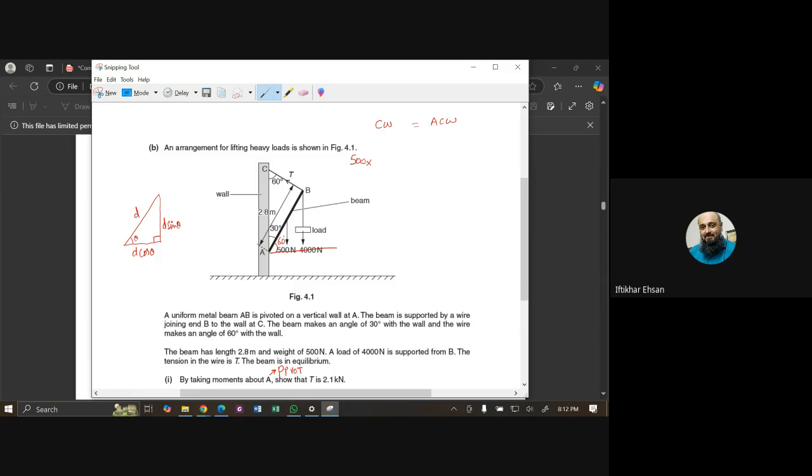It means if the total length is 2.8 meter, its half length will be 1.4 meter.